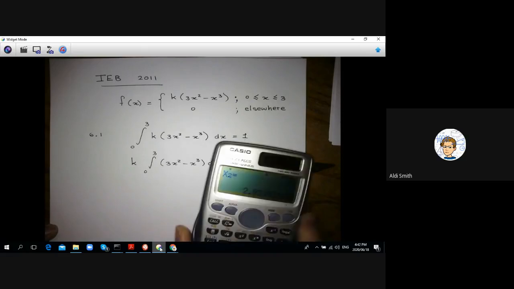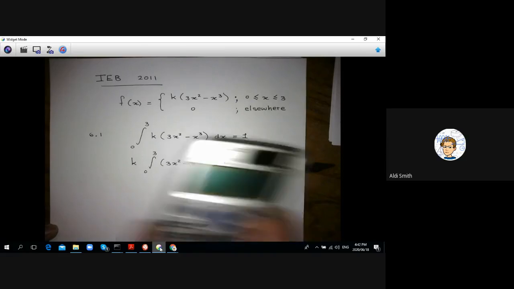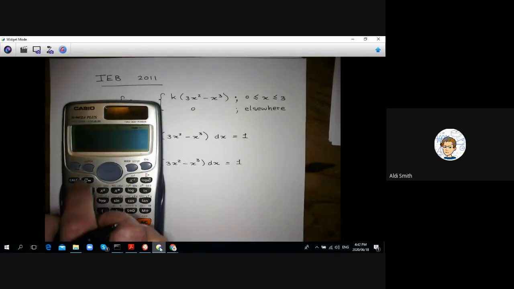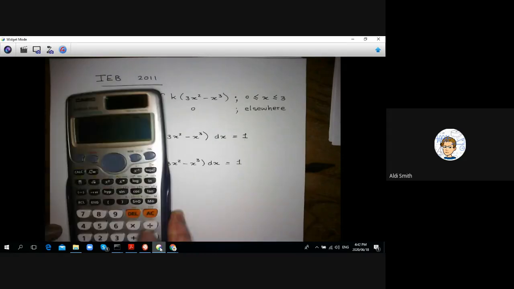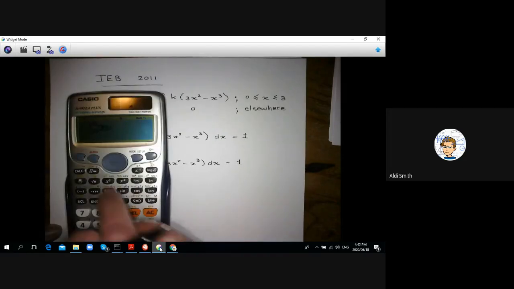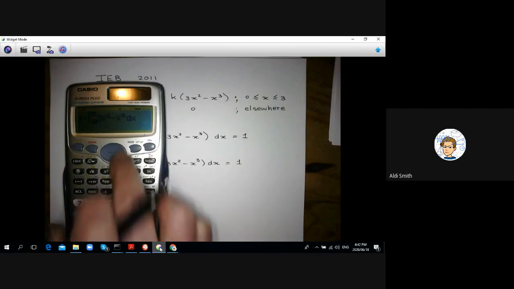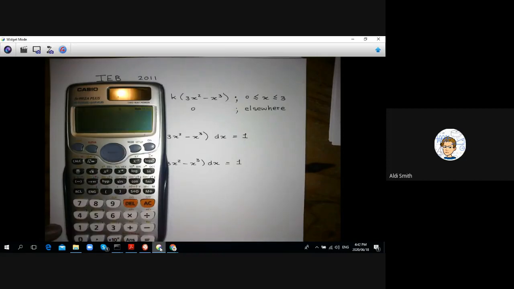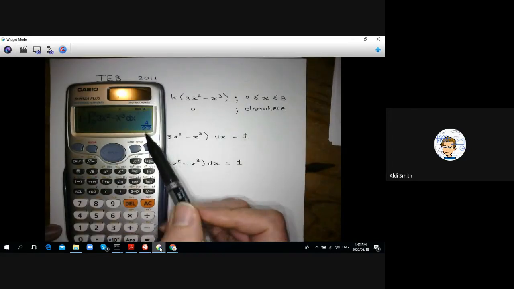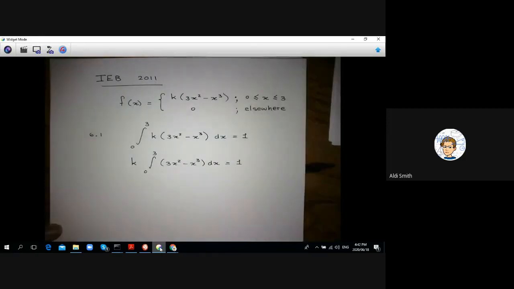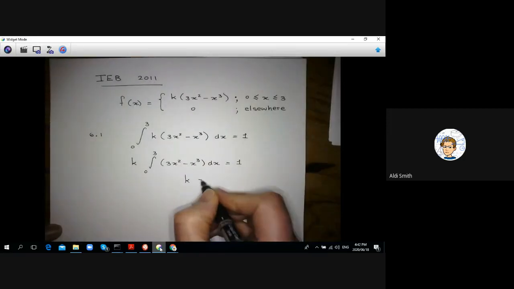So let's do that. 1 divided by that integral of 3x squared minus x cubed from 0 to 3 is equal to 4 over 27.